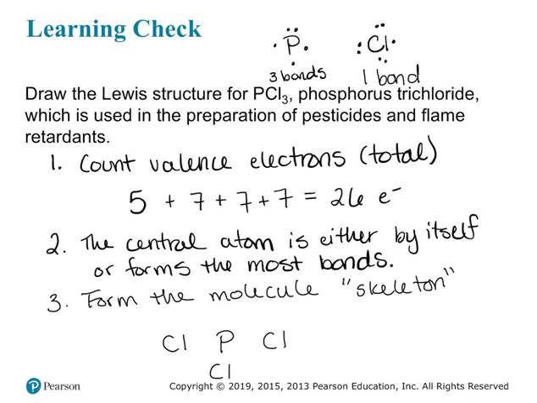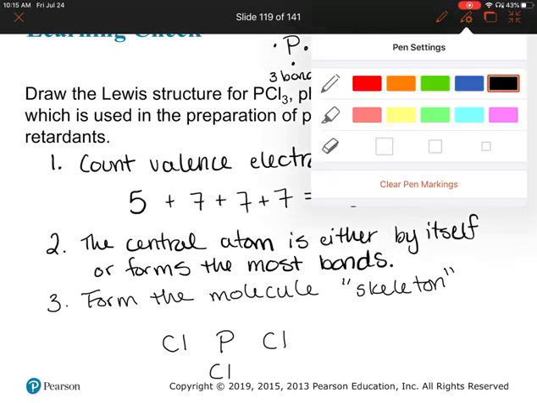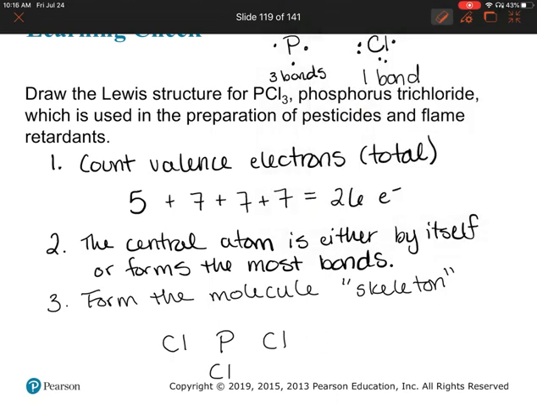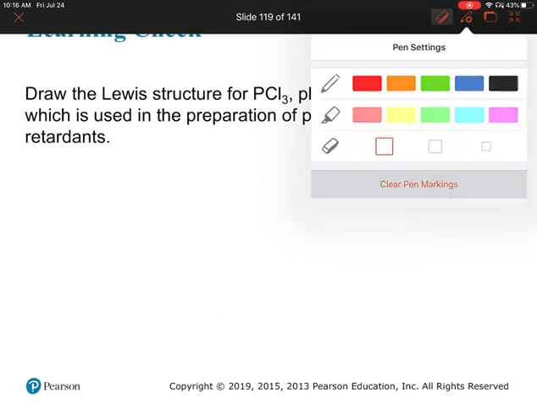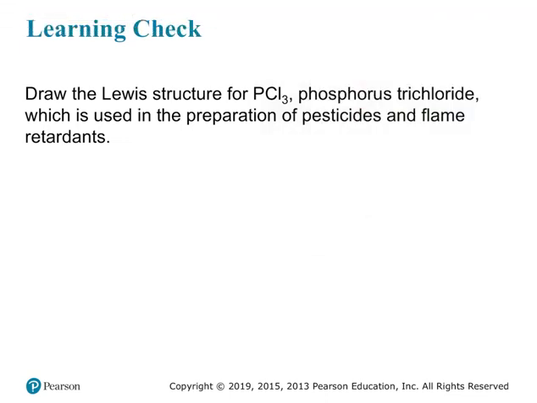Okay, so I'm going to erase this and then continue. So if you're taking notes, you might want to pause the video and just write this down before we move on. Oh, actually, I'm just going to clear the pen markings. There we go. That's much faster. Okay, so now we have our basic structure.